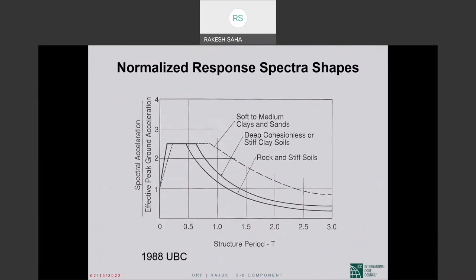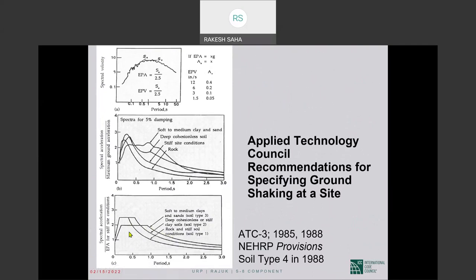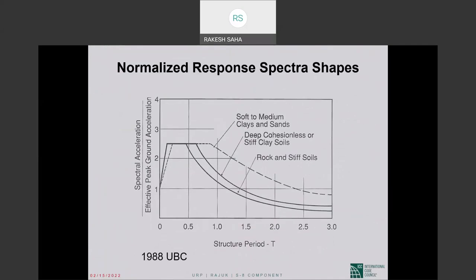Now, the next thing that happened is the structural engineers of California, for the 1988 UBC, decided that the soft soil spectrum being lower than the other spectra is a little too fancy for engineering use. So they went with the same plateau for all three plots.